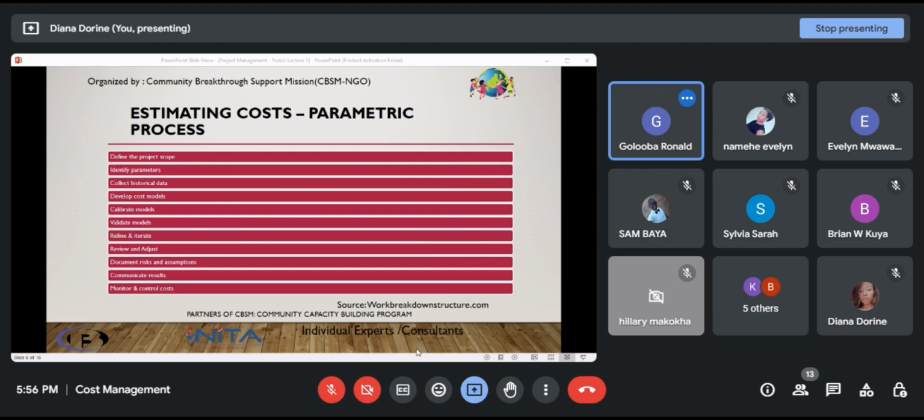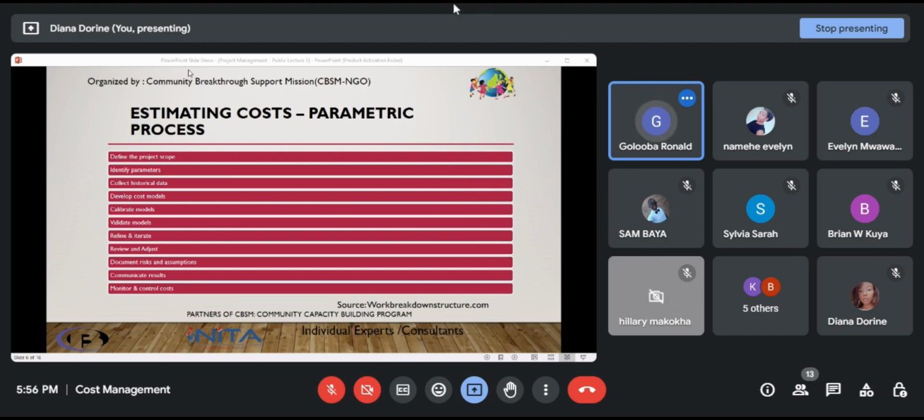then you collect historical data, and here you gather data from similar projects that are being implemented out there. You are looking at things to do with work plans. You are looking at the actual budgets out there, and this data serves as a basis for developing the cost estimates, estimating relationships, or the cost models.